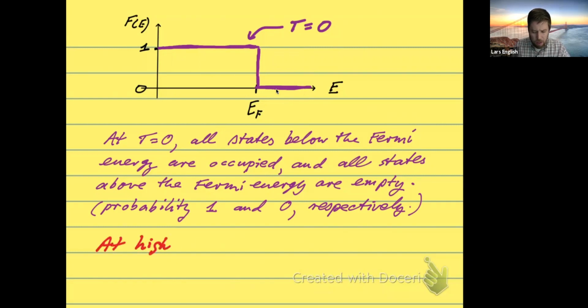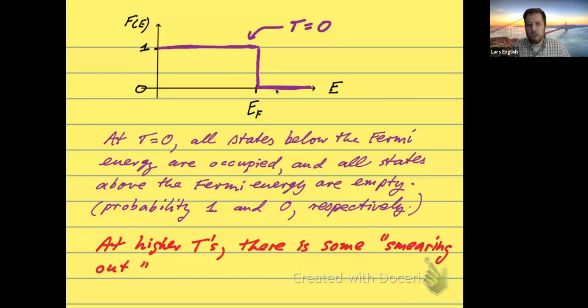Now, at a higher temperature, there's some smearing out going on. So it's not going to be quite as sharp of a step function. It's going to be more like this. So those of you who've taken thermodynamics and statistical mechanics, physics 331, last semester with me, well, this is nothing new. We discussed the Fermi-Dirac distribution.